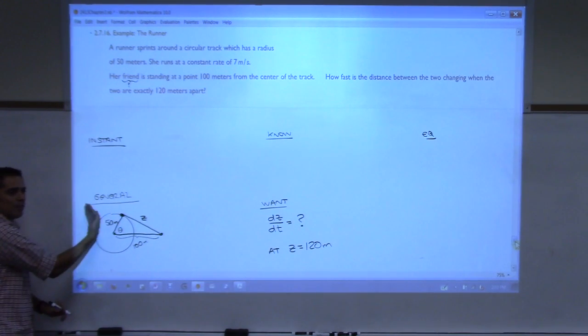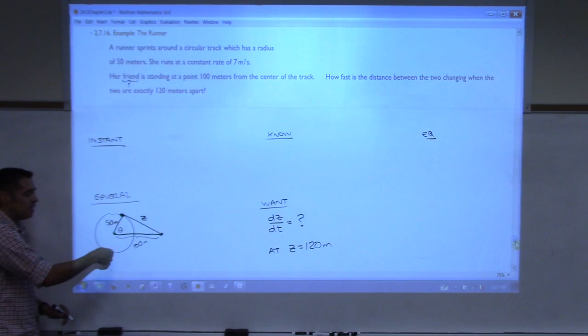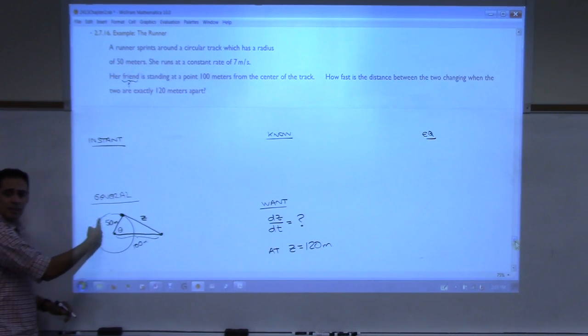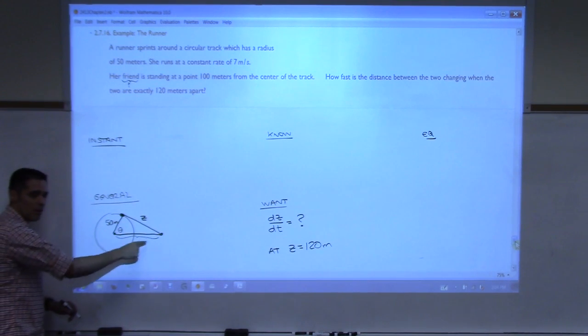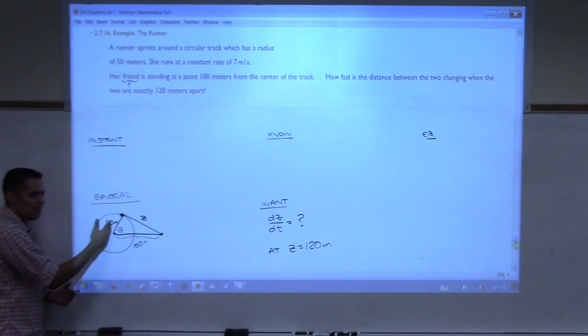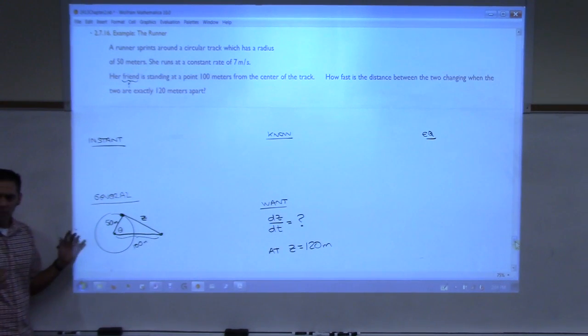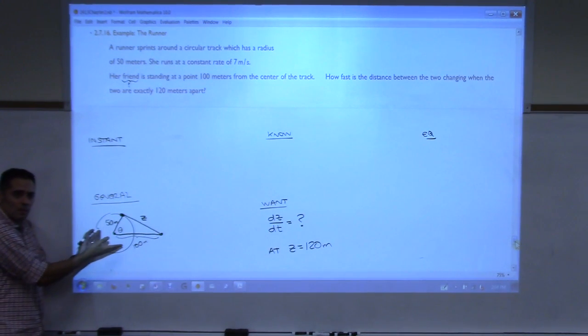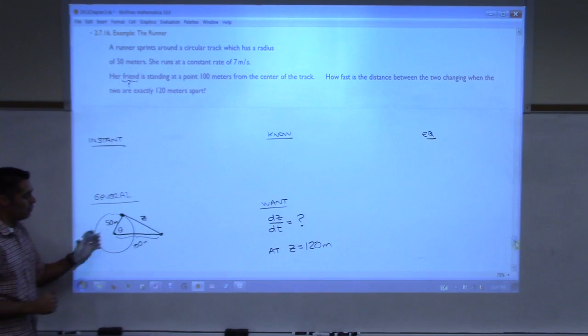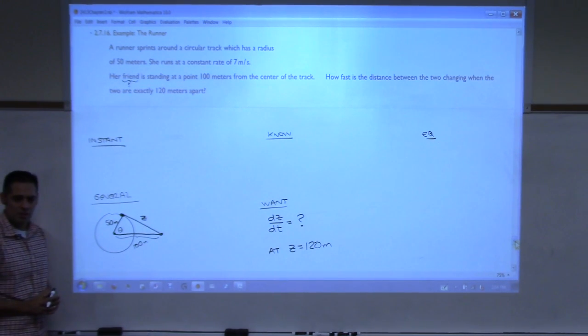As she's moving around the track at a constant speed, isn't that angle changing at a constant speed? If I include that angle in this triangle, then I have a triangle with some sides and maybe I can get to it. We've introduced the variable that goes in our picture. We just need to figure out how fast theta is changing. So how fast is theta changing?